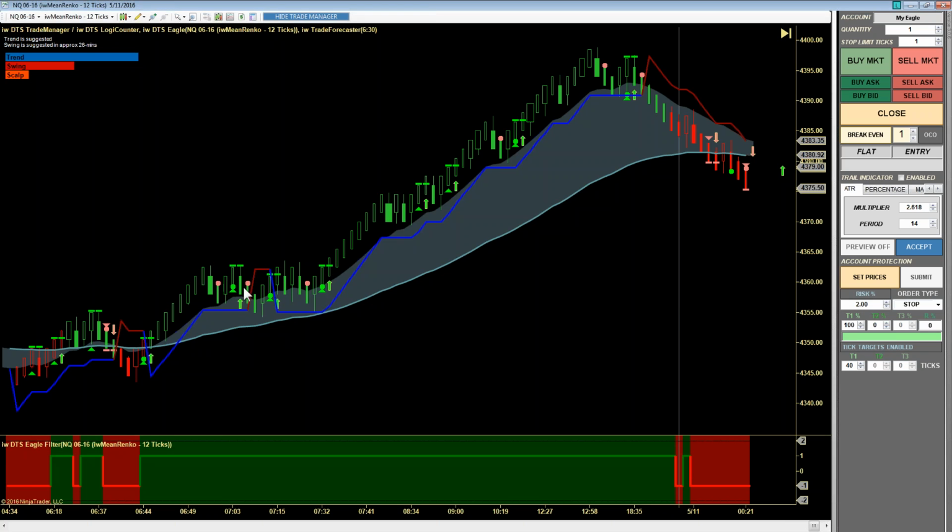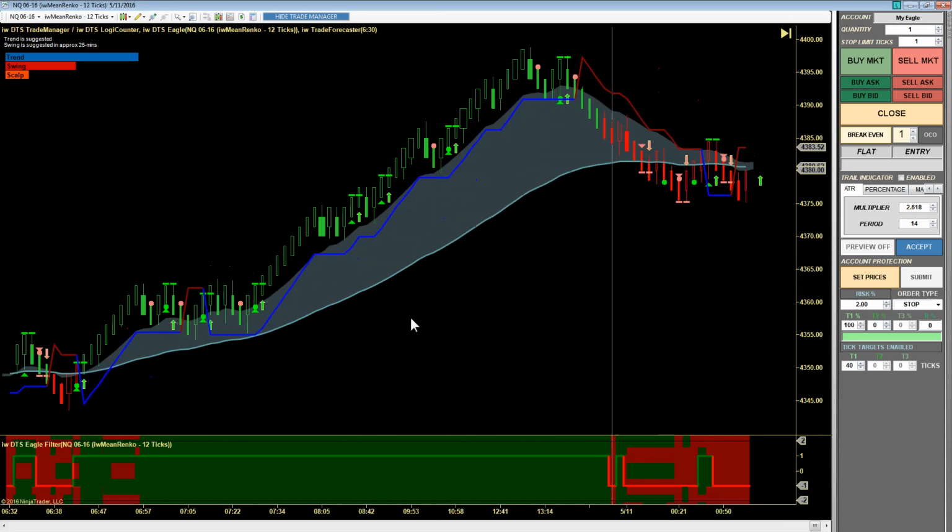Actually, that one didn't trip. The next one did. But again, everything is in sync. We've got a bullish band, we've got a green signal, green warning dot and triangle hash mark, green filter. Most times that's what we're looking for, is we're looking for confluence.